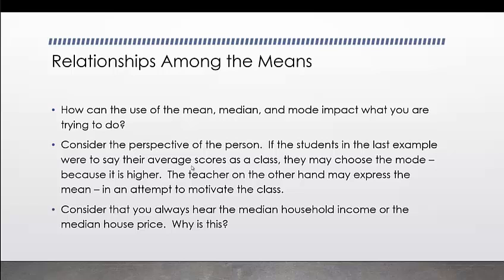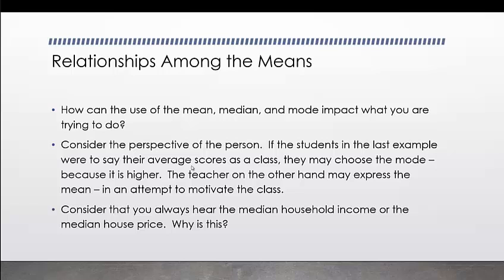So if we simply went by average, then it may look like the typical home is out of range for many people if we simply went by the mean. But if we express it in the median, what's the middle number? Then it appeals to more people.